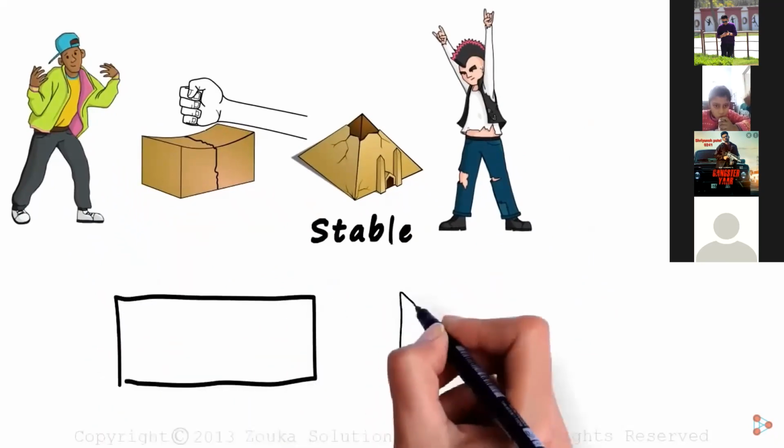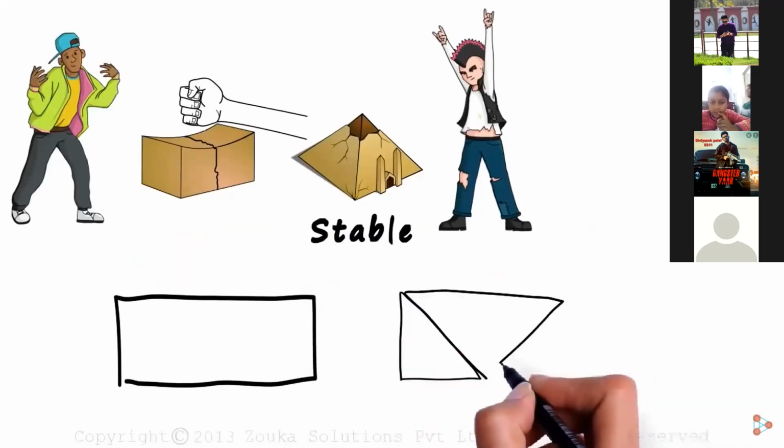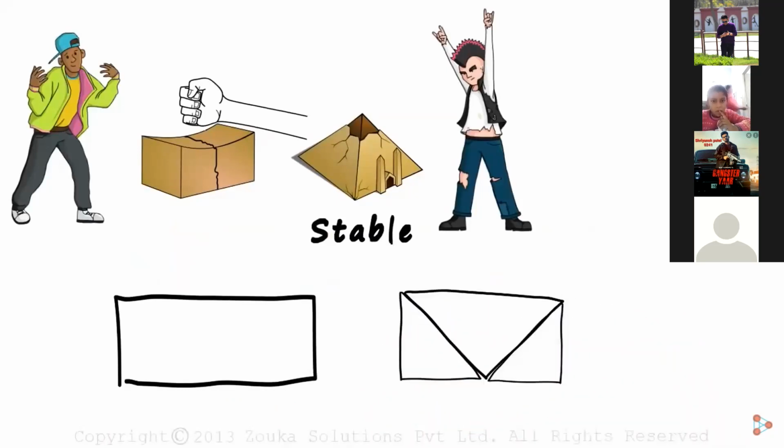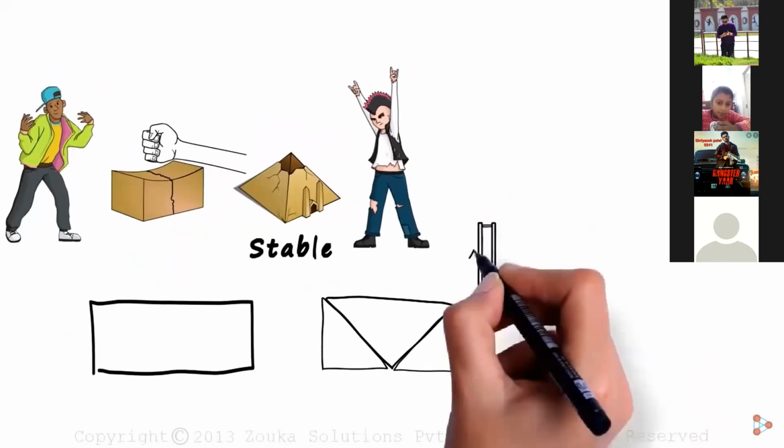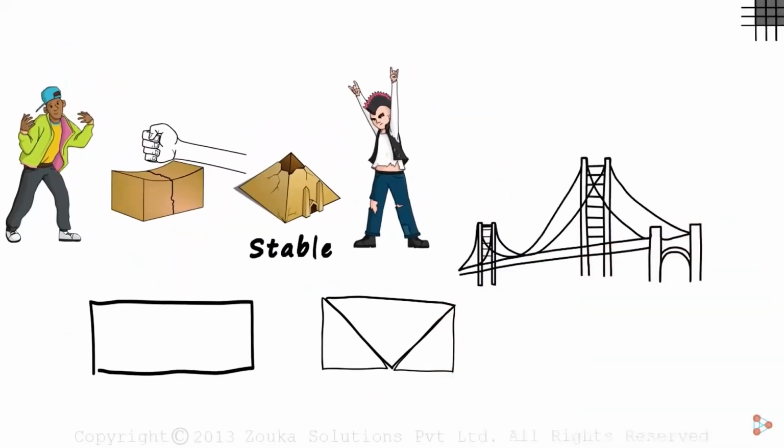Maybe we can use three triangles like this and make one rectangle. This figure will be more stable as compared to this one. Most of the bridges you see will have a triangular structure like this and helps it withstand the heavy downward force of the weights crossing the bridge.